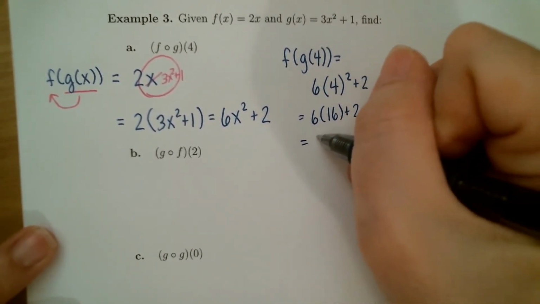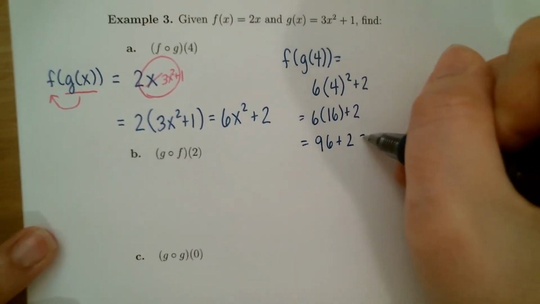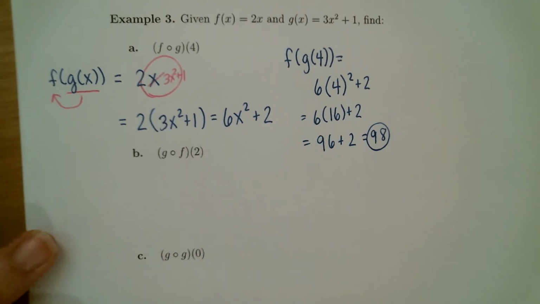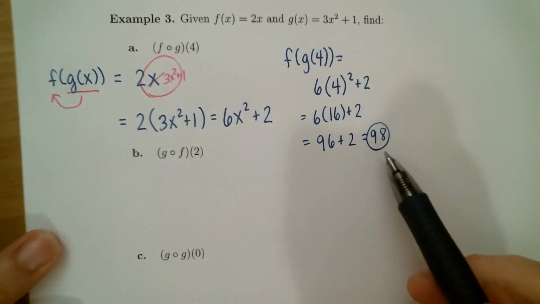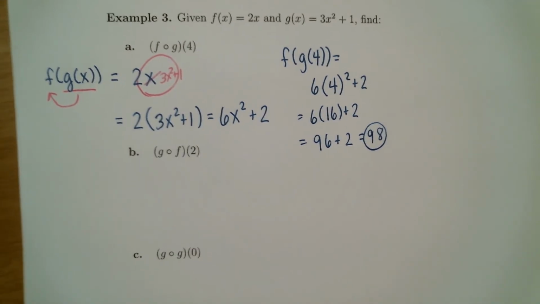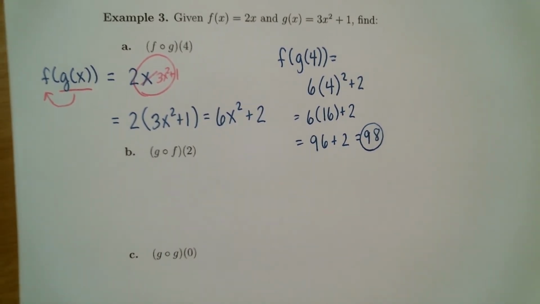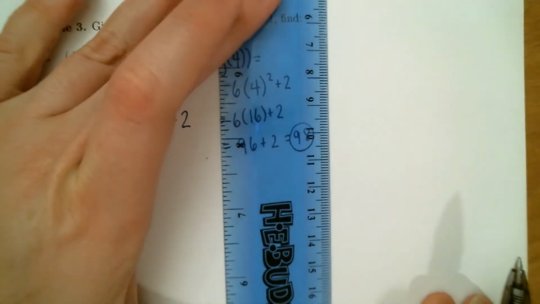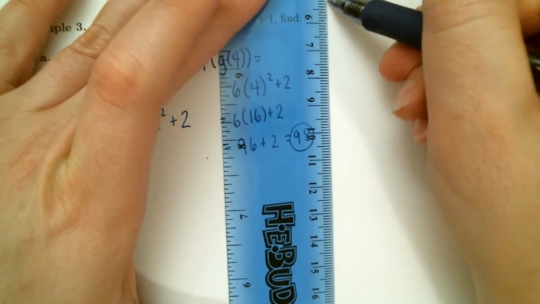That is 96 plus 2, and I get 98 out of it. Remember, you are plugging in the 4, you should be getting something out. All I did for this first part was find the function f of g and then plug 4 into it. What you could have also done will also give you an answer of 98.